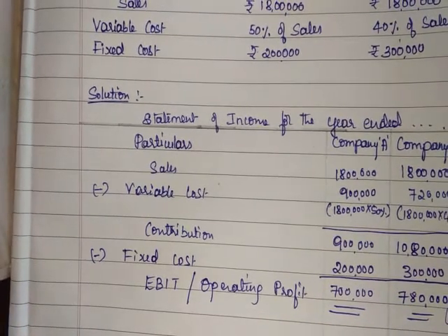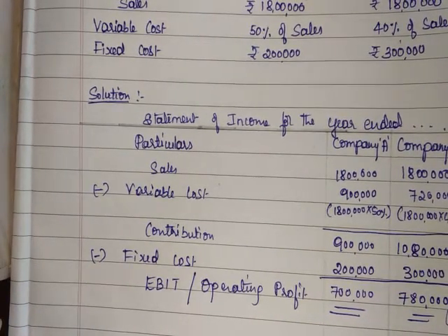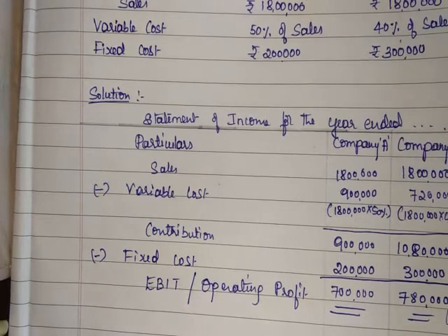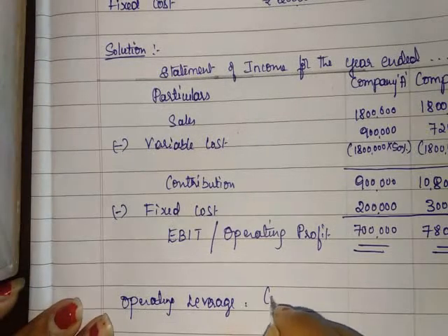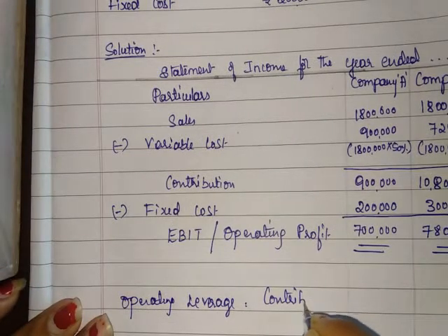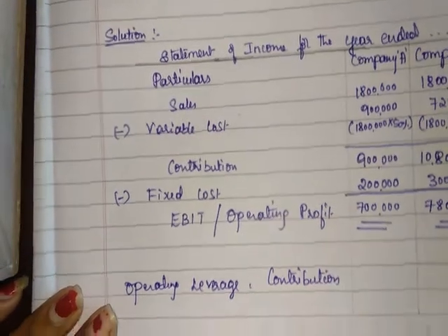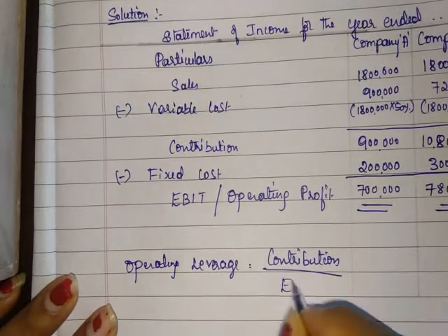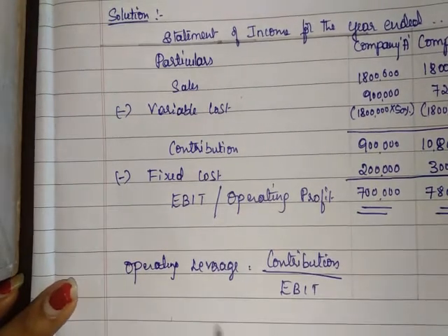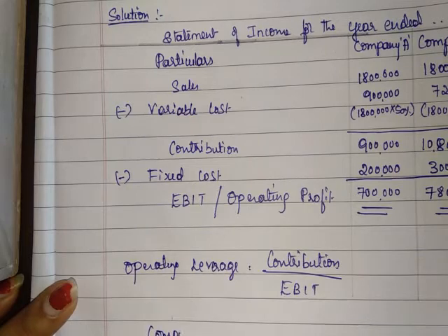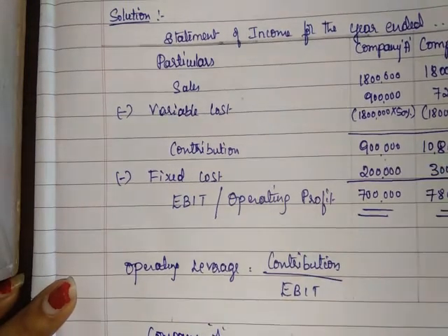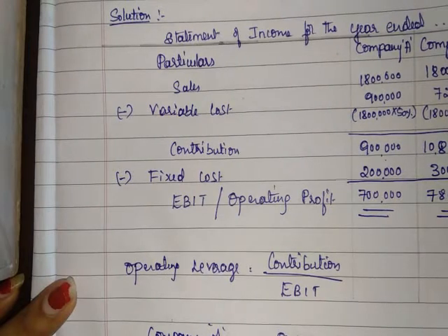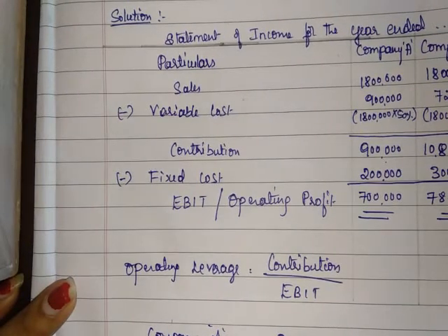So now we need to calculate operating leverage. What is the formula to calculate operating leverage? Remember, it is contribution divided by EBIT. So let's calculate for company A first. Contribution is 9 lakh divided by 7 lakh.